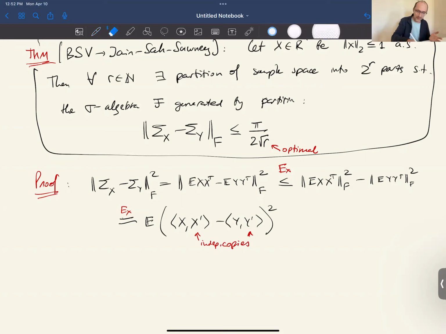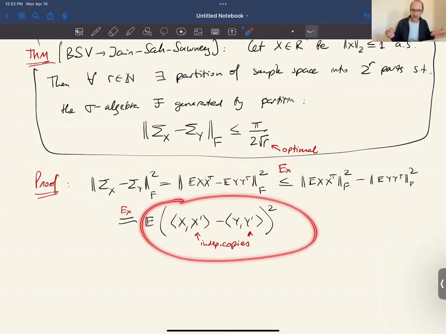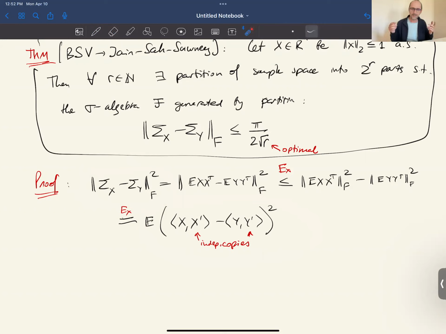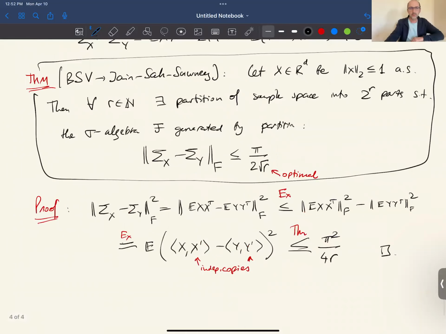So we reduced the problem about covariance loss to the probabilistic version of weak Szemeredi regularity. And by the theorem that we showed on weak Szemeredi regularity, we bounded it by pi squared divided by 4r. That was our bound. And that's it. So we proved the covariance loss just as a consequence of that.